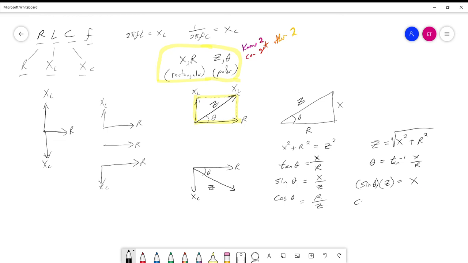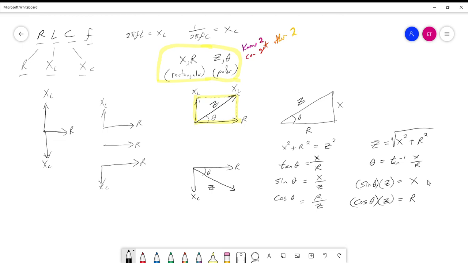Of course, we can do the algebra for this, and you could use the cosine of the angle that exists between voltage and current times the total impedance that you could get from Ohm's law, and out pops the amount of resistance that is in this component or circuit or system, depending what you're looking at. If you're looking at a component voltage, you're characterizing the component. If you're looking at the circuit voltage, you're characterizing the circuit.